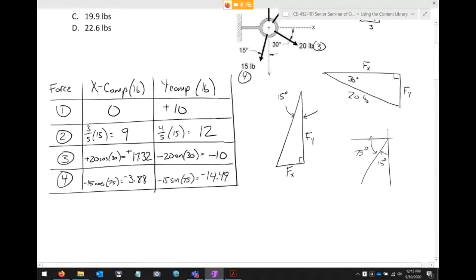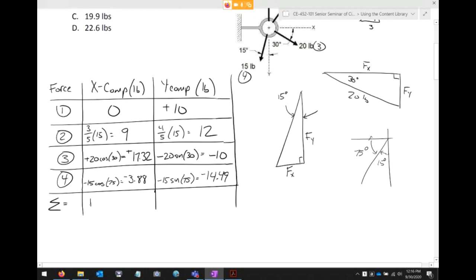If I sum these up, on the x component, it's 0 plus 9 plus 17.32 plus or minus 3.88, I should say.